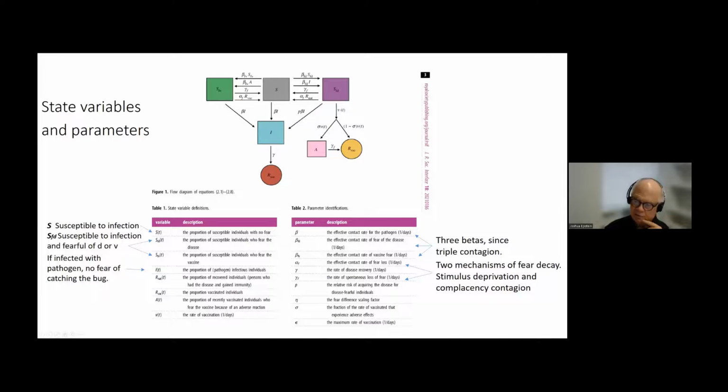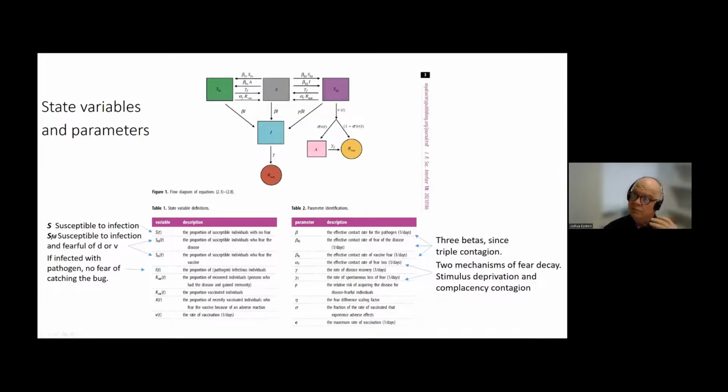But now, of course, there are three betas. There's a beta for the disease, a beta for fear of the disease, and a beta for the fear of vaccine. And two mechanisms of fear decay. One is, and I'll come back to this with the Rescorla-Wagner model and Agent Zero and actual neuroscience, fear decays when there's stimulus deprivation.